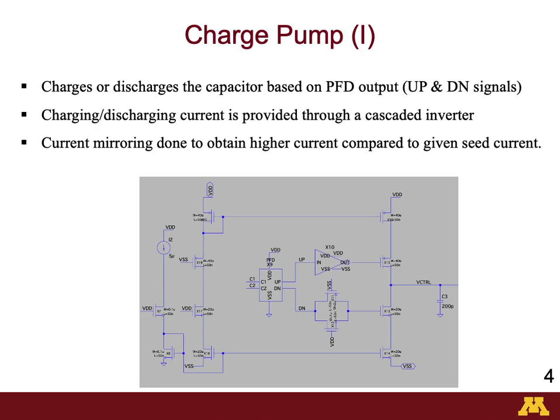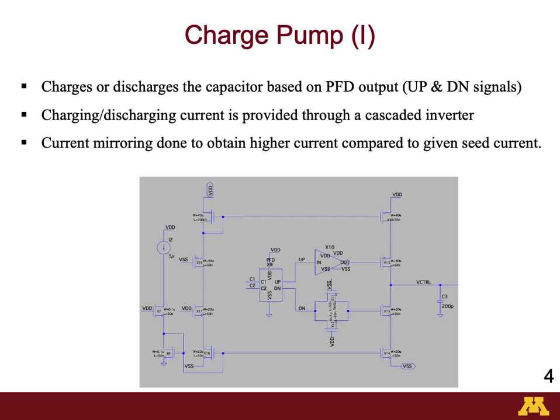Now, there's a charge pump that charges up or discharges down a load capacitor. The PFD we just discussed is at the heart of this charge pump. If the up signal from the PFD is high, the charge pump will charge up the capacitor, or if the down signal from the PFD is high, the charge pump will discharge the capacitor.